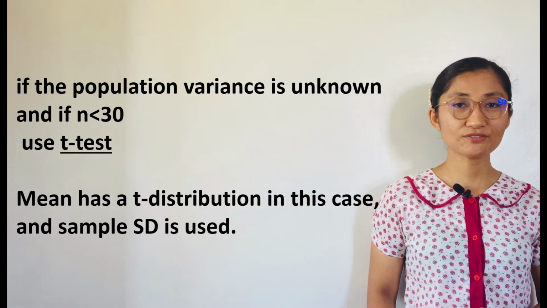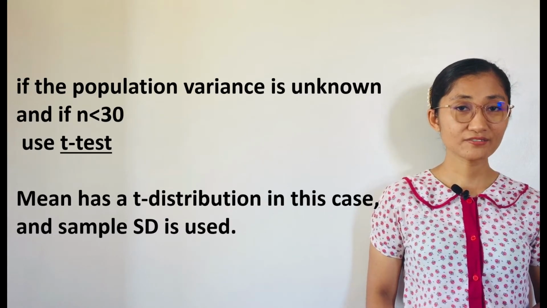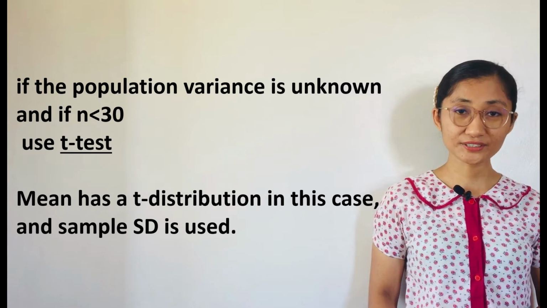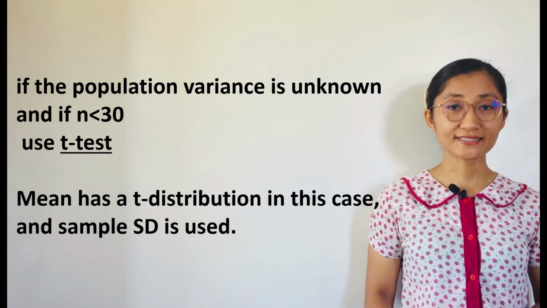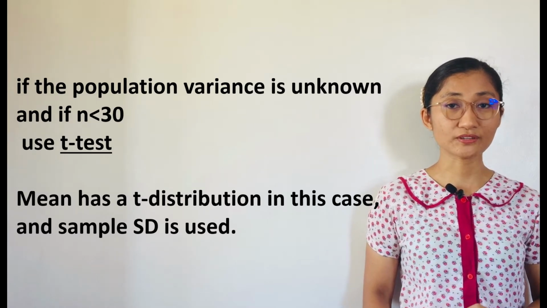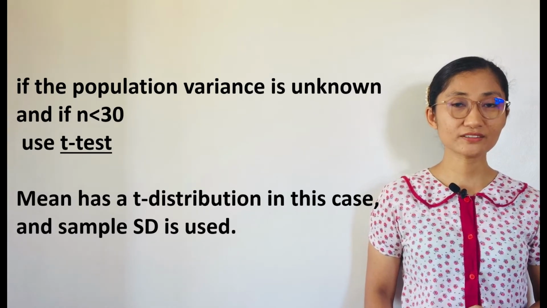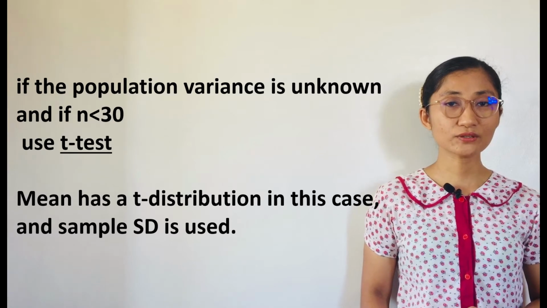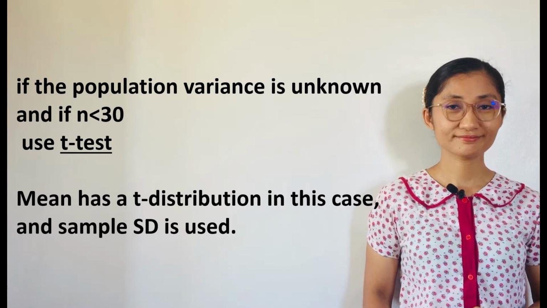Nevertheless, if the population variance is unknown, and if the sample size is less than 30, we have to use T-test. It is since the mean has a t-distribution in this case, and the sample standard deviation is used instead of the population standard deviation.